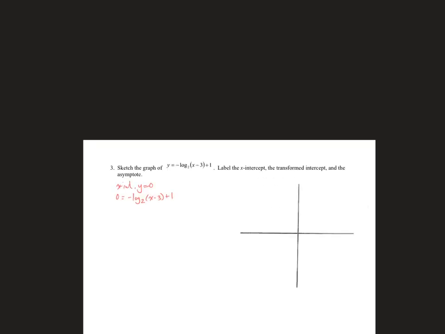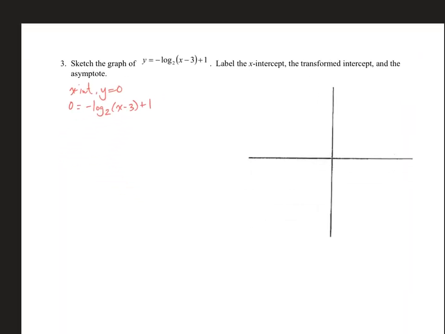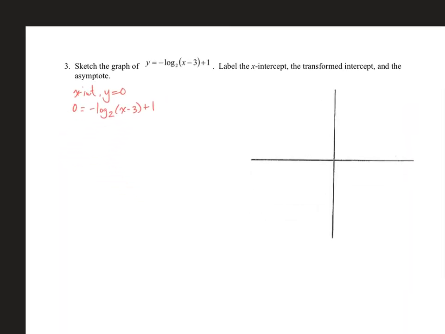So the first thing I can do is get rid of that +1 on the end. I'm going to isolate my log term. And so if I get rid of a +1, then I need to subtract 1. Next thing I need to do is divide out the -1 coefficient on the log. So now I have isolated my log.